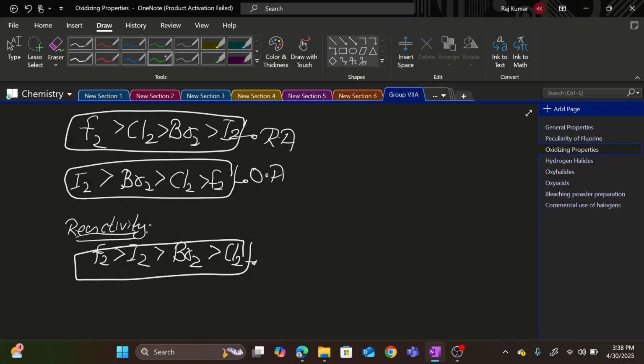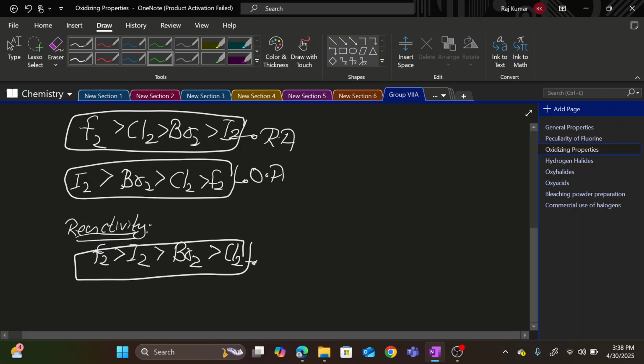What I really mean by this is that, for example, if I take copper chloride and react it with fluorine, then this reaction is possible, such that chlorine would be displaced and will produce copper fluoride plus chlorine.